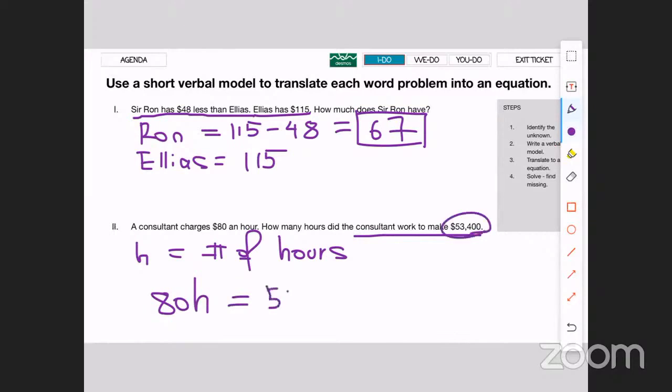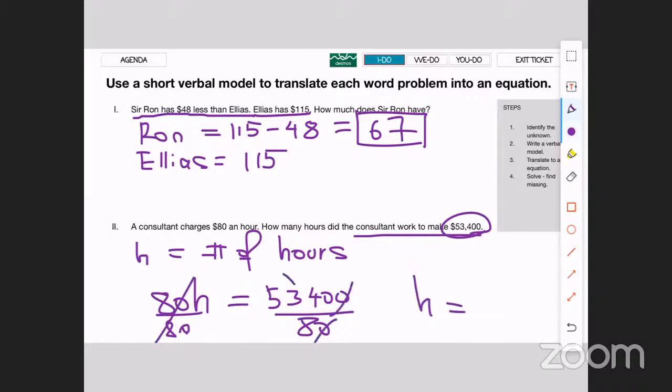So $53,400. Okay, it's a one-step equation to figure out the number of hours. You just need to divide both sides by 80. So the 80s cancel out, and H will become, if you use your calculator, I'll try to do it in my head.